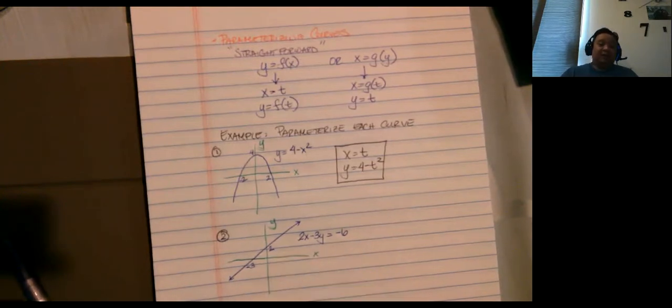So that's a line, that's your curve. I know it's not really a curve, but parameterize it for me. Can you give me one answer?